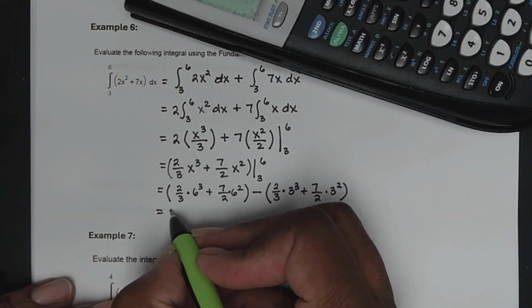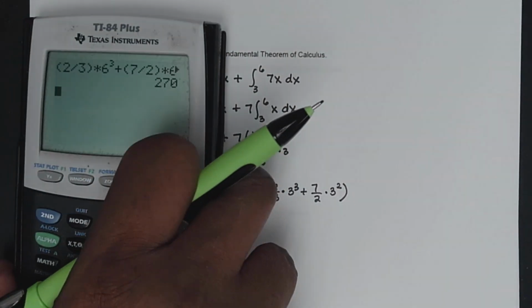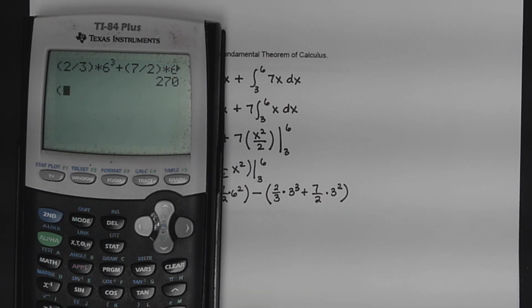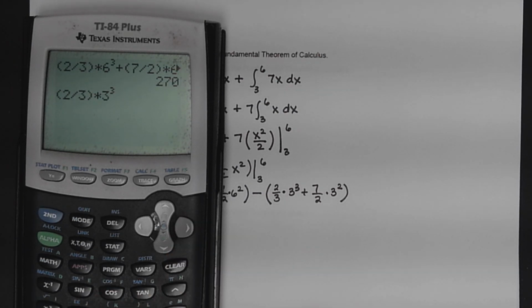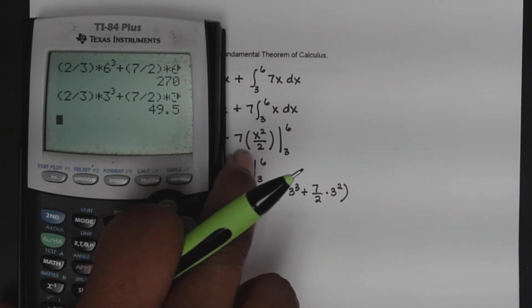So here I'm going to have 270 minus, now the lower limit, I'm going to do 2/3, so this will be parentheses 2 divided by 3, times 3, and that's going to be cubed, plus, and I'm putting 7/2 in parentheses, so that's 7 divided by 2 times 3, and that's squared. This gives me 49.5.